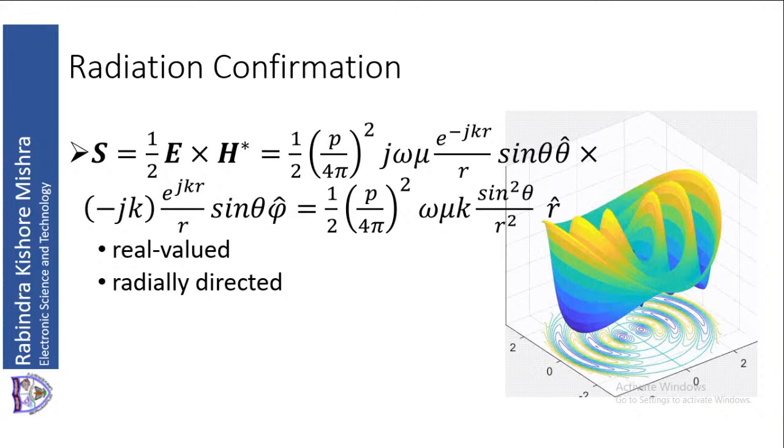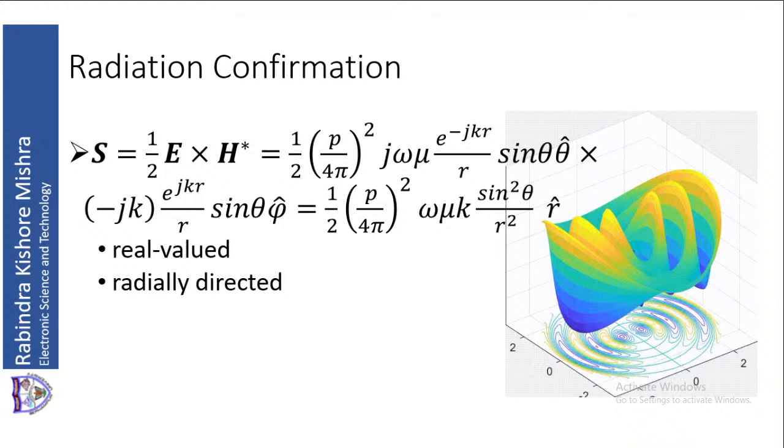You can see that it is expanding, going out radially. So S is going out radially and this S is real valued. So these are two things that we understand. So this confirms that it is radiating. Now let us find out what will be the radiated power.